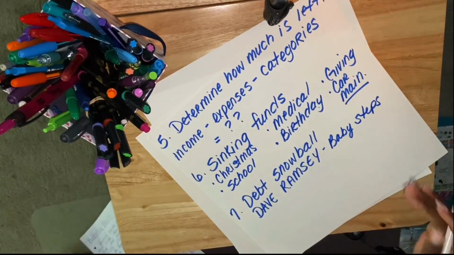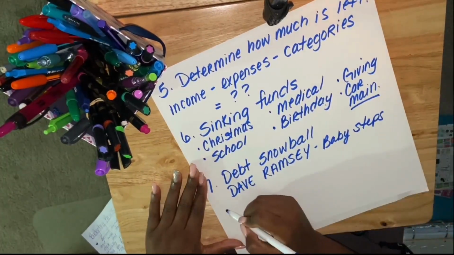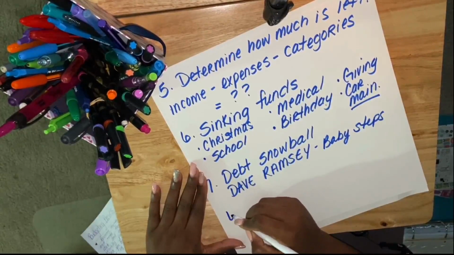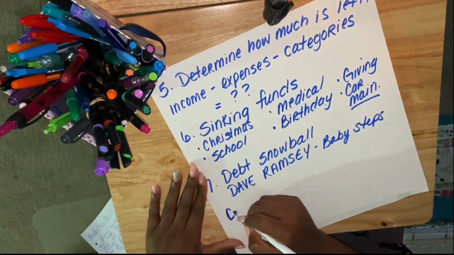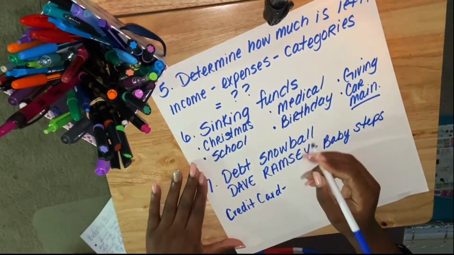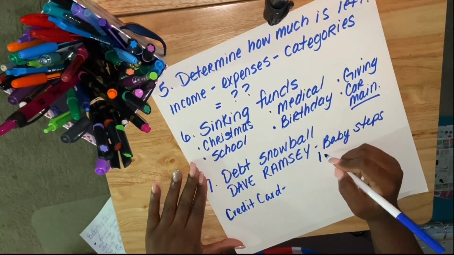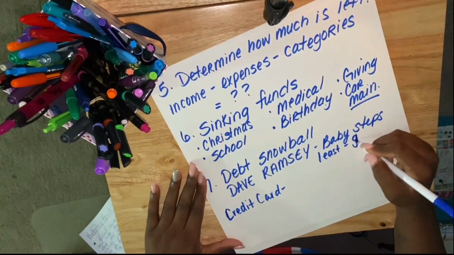So the debt snowball, for instance, is a way to pay off debt. You will list all of your debt, so it can be credit card, but you list them from least to greatest.